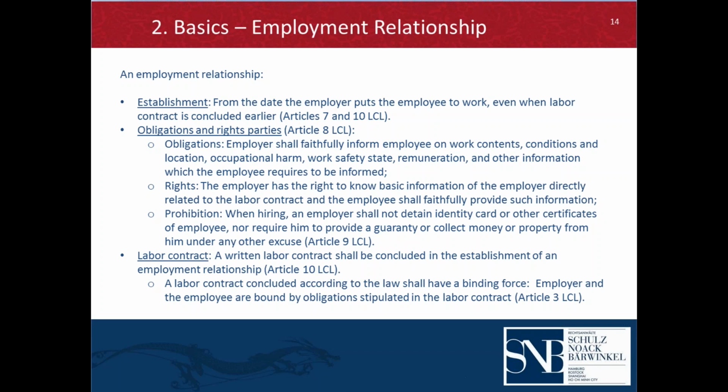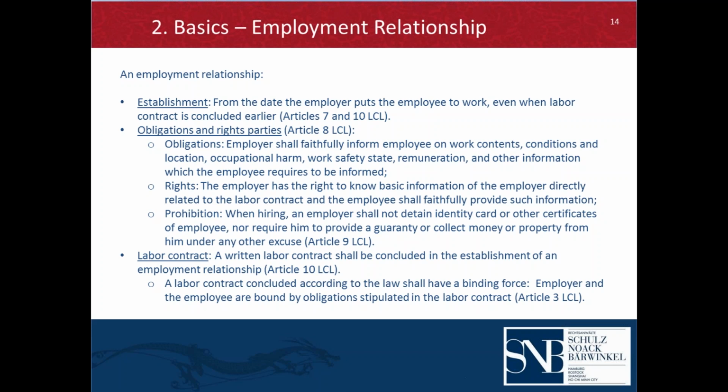Which obligations have the parties? For example, the employer shall faithfully inform the employee on the work conditions, so he must know in advance what he has to expect. The conditions and the location where he has to work, and whether any risk of occupational harm is involved with the work he's doing.